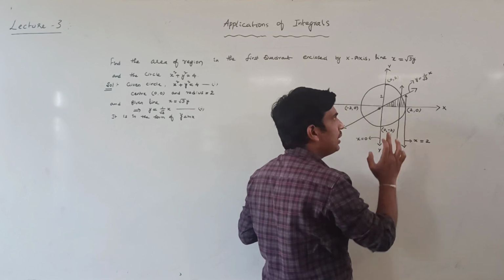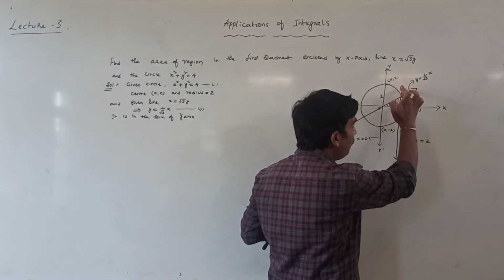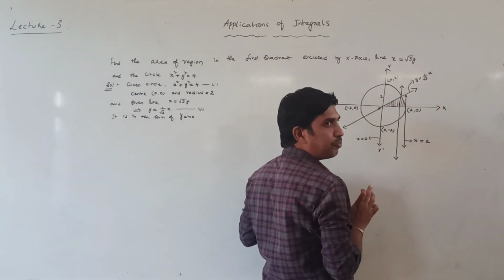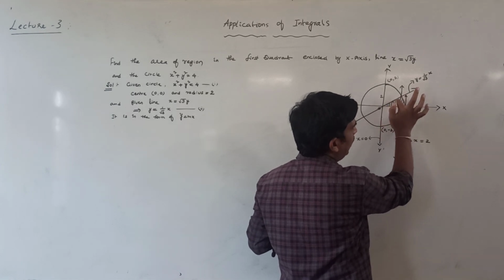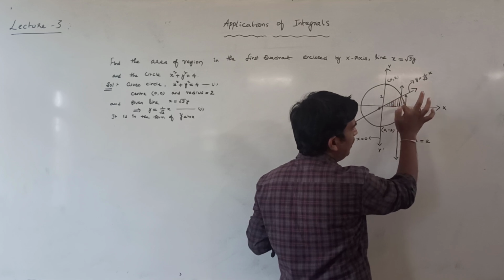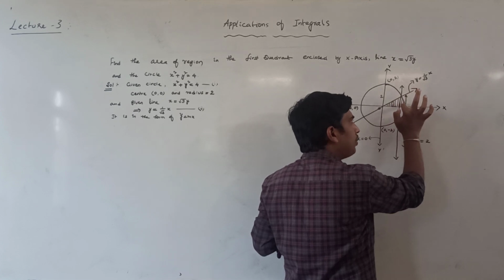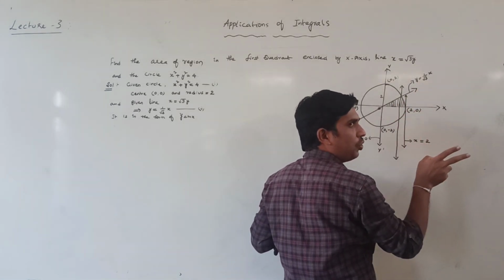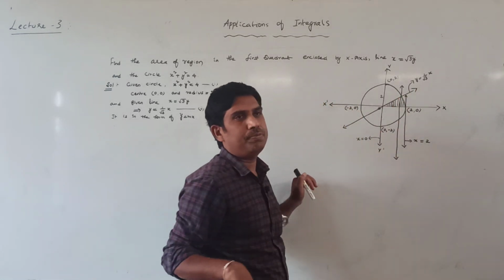How to divide: where the line and curve intersect, draw one vertical line. Now see in the figure, this part is bounded by the line, and this part is bounded by the curve. So we have to evaluate this part and this part separately, add the two, and we will get the required area.